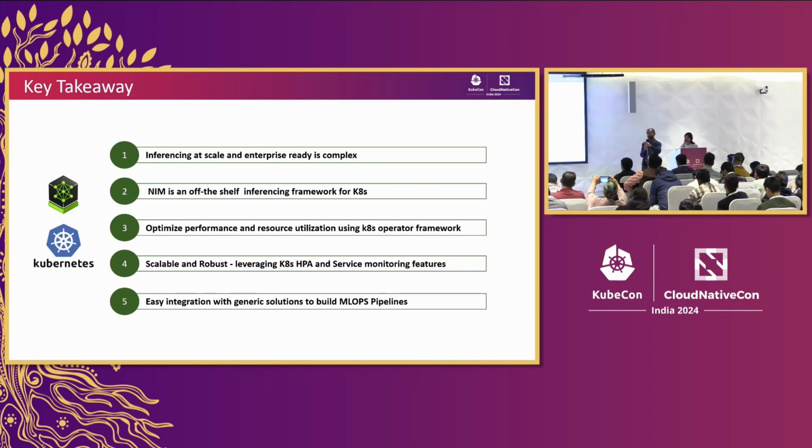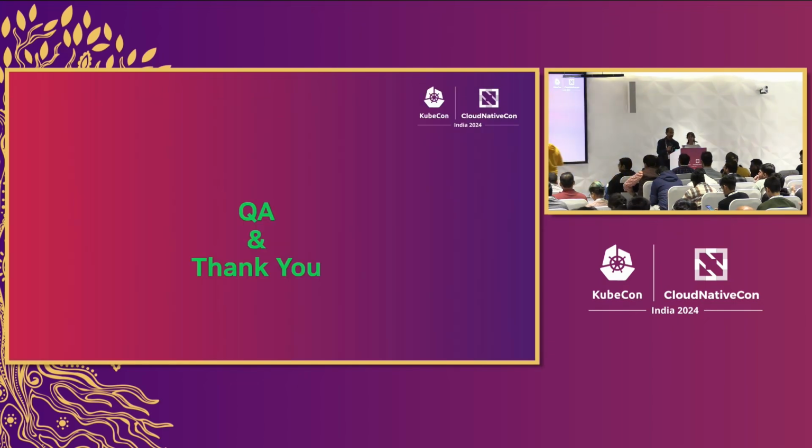How do you make it scalable and robust with all the monitoring facilities, the microservices, scaling, HPA, that entire collection of tools that we have, and then how easily can you integrate this into your MLOps? So that's what we wanted to cover. Thank you, and any questions we can take now.